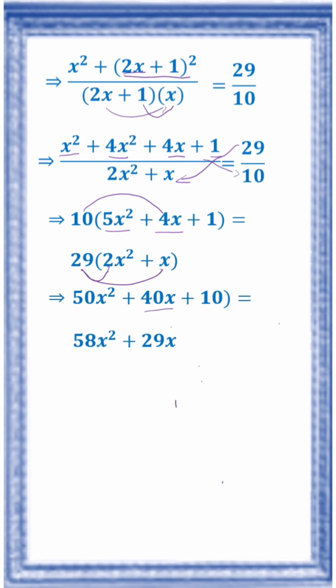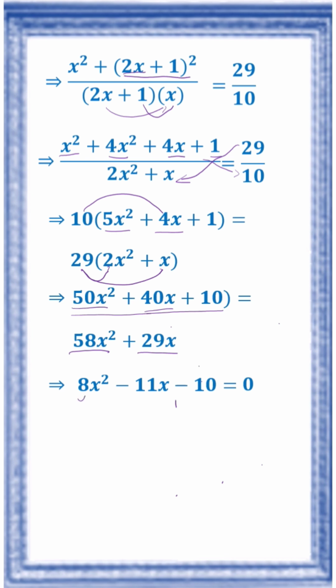Now let us rearrange and write it in the standard form. 58x square minus x square, that is 8x square, 29x minus 40, that is minus 11x minus 10. Let us bring all these things to the right hand side, that is equal to 0.